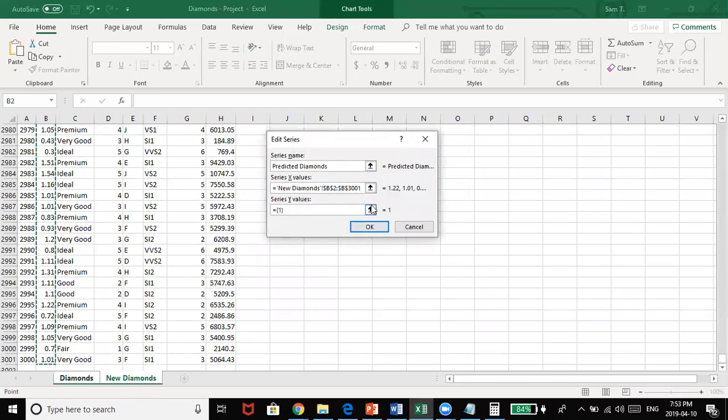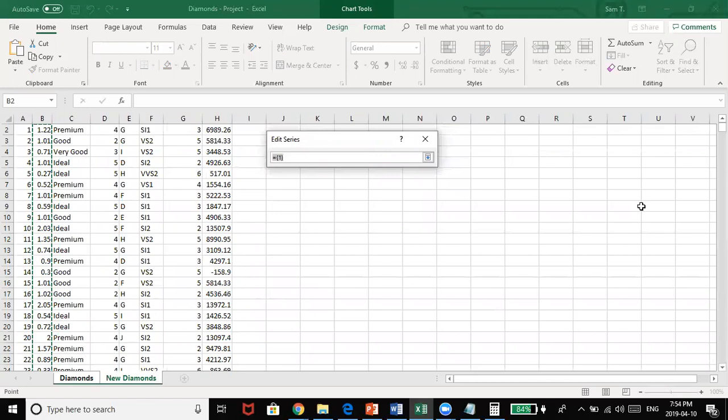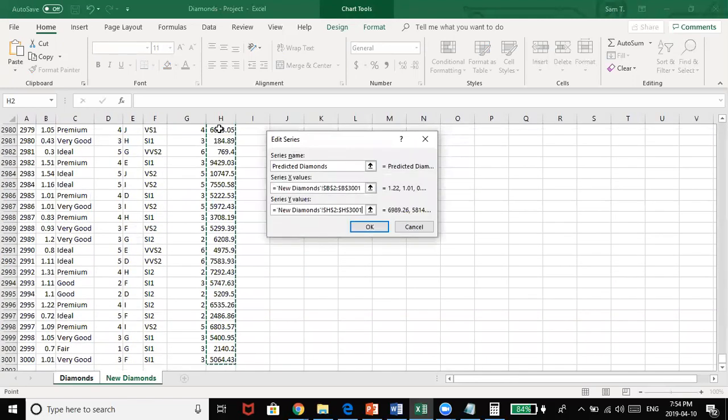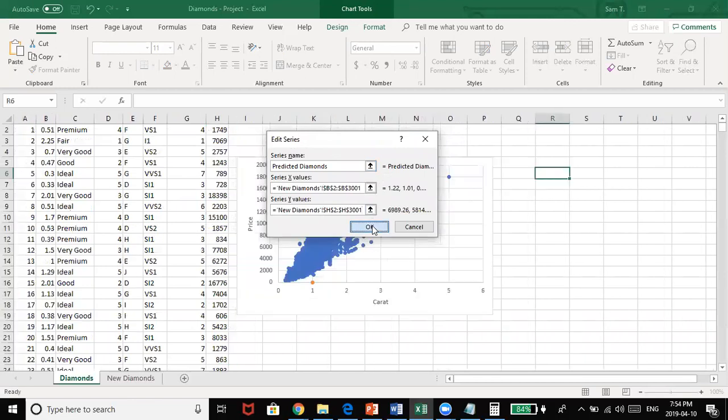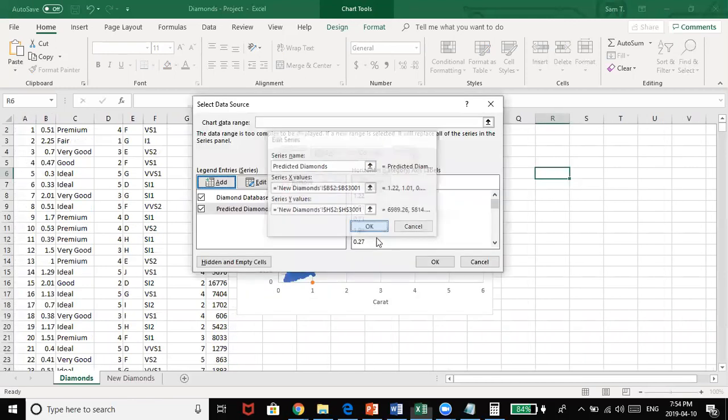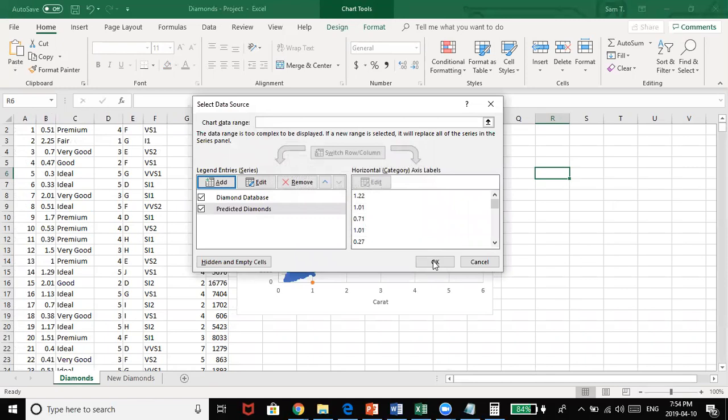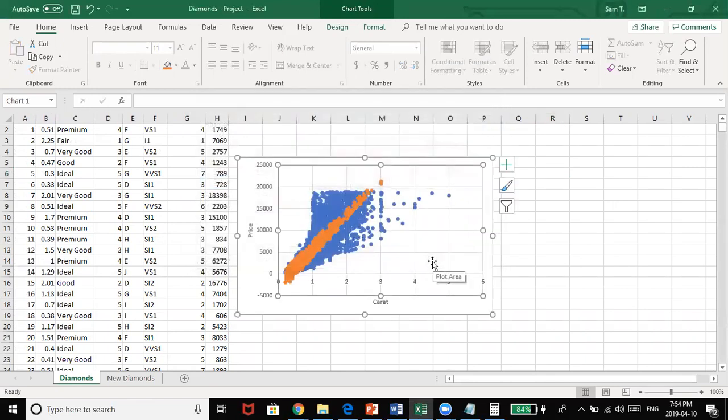The y-axis, we go and select the price, the predicted price, and we hit enter and okay. And okay once more.